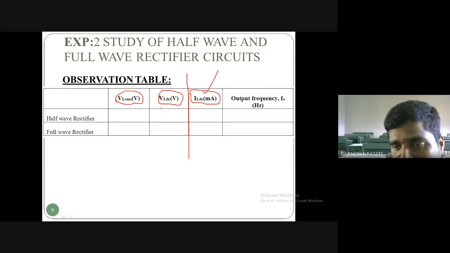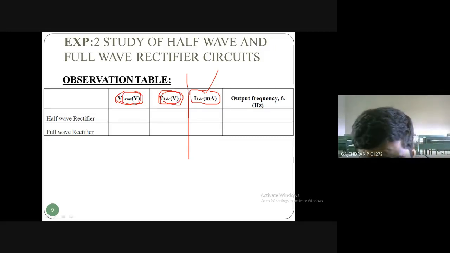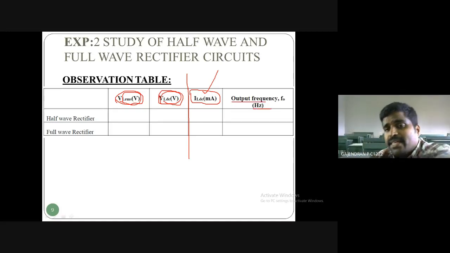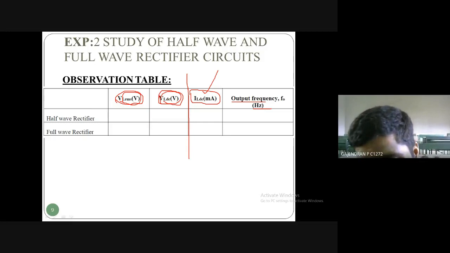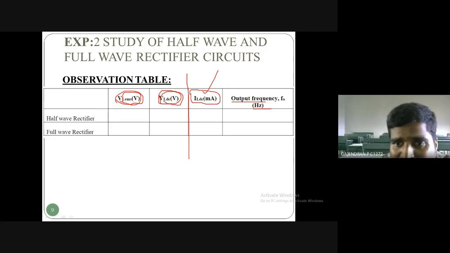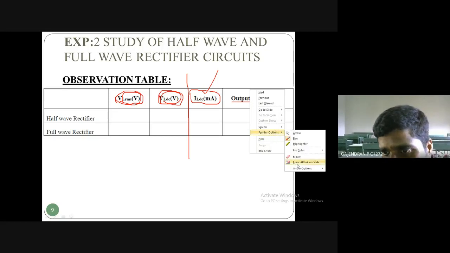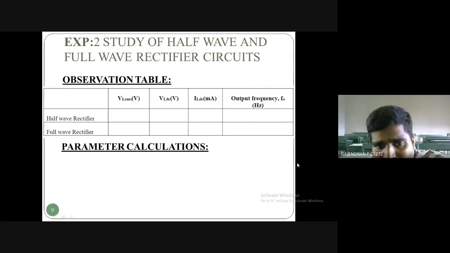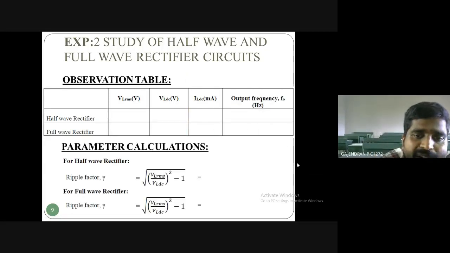Two things: one is the DC component, another is the RMS value. Then we need to measure the output frequency in hertz. After finding these, you need to calculate the ripple factor.